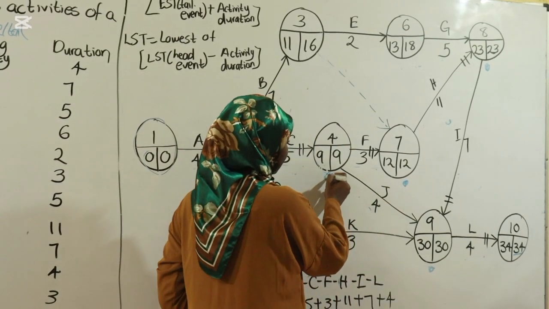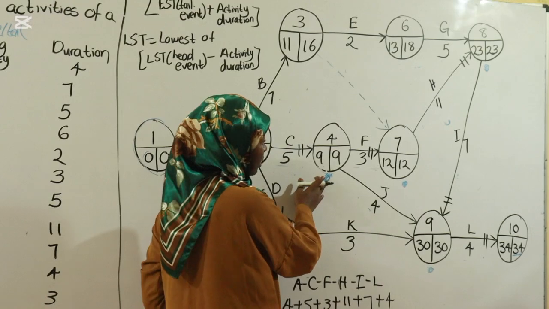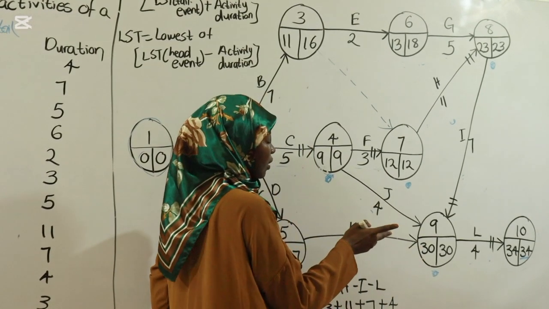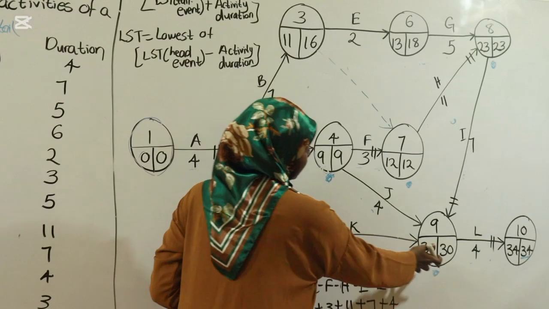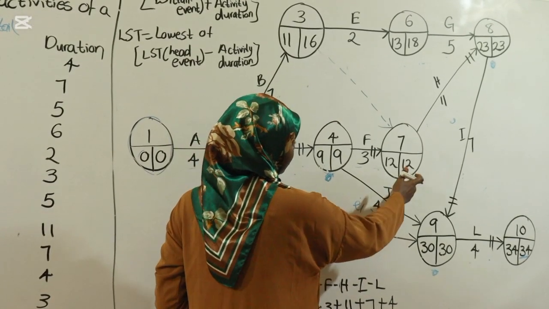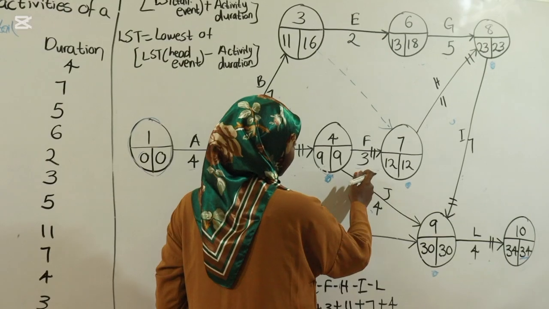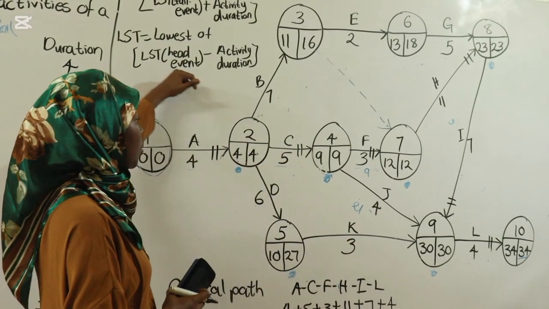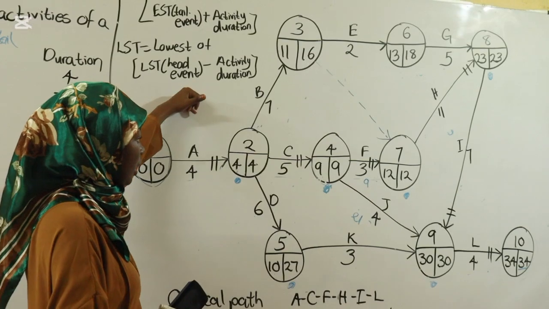And then when you're standing here, how many head events does this event have? It has 2 head events. So you calculate 30 minus 4, 21, and then 12 minus 3 is 9. Our formula says you take the lowest.